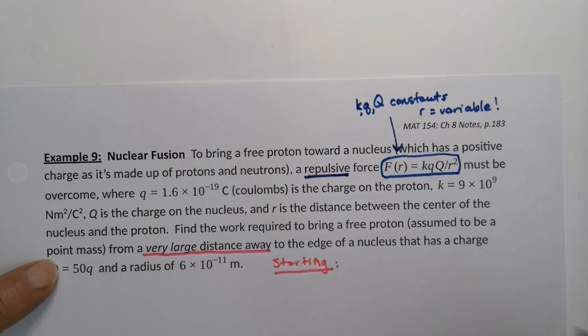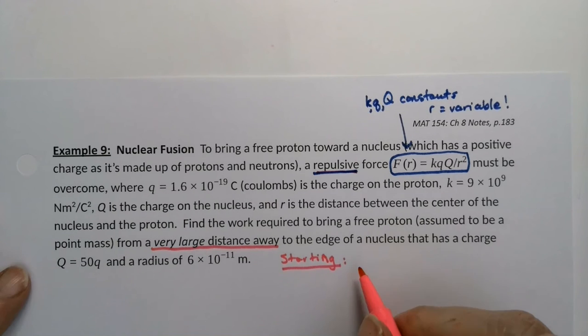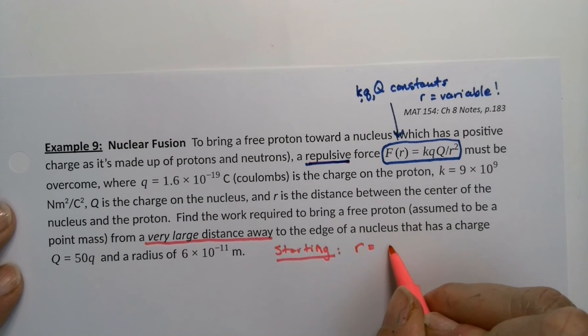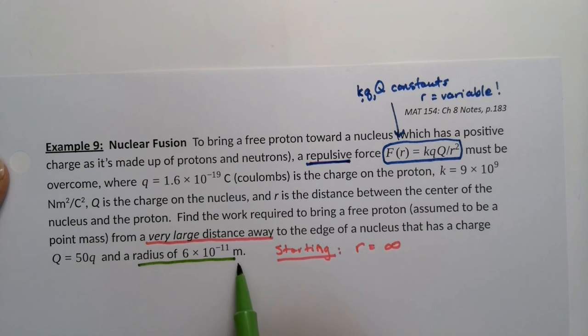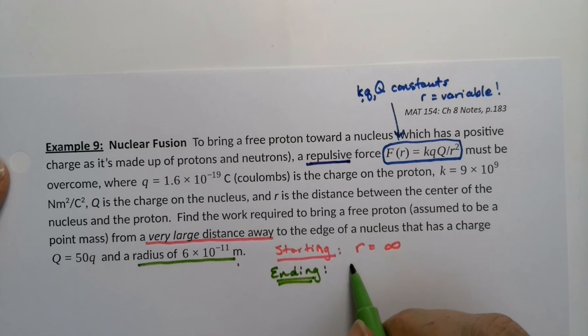We're going to start when r is really far away, i.e. infinity, a very, very large distance away. And we're going to end at 6 times 10 to the negative 11th for r.